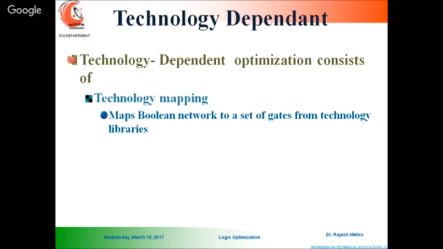Technology dependent optimization consists of technology mapping. Technology mapping means it maps the Boolean network to a set of gates from technology libraries. Basically, whatever Boolean network you have now will be mapped with the set of gates available in your software library, right?